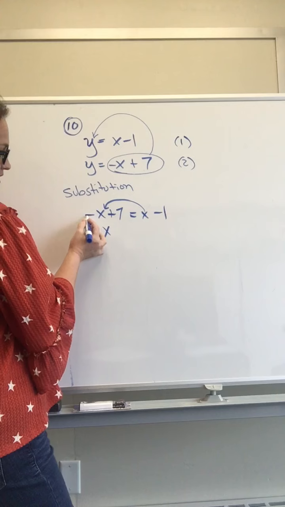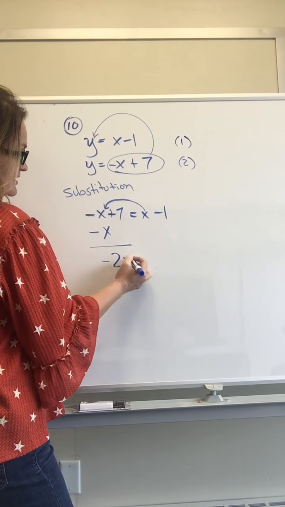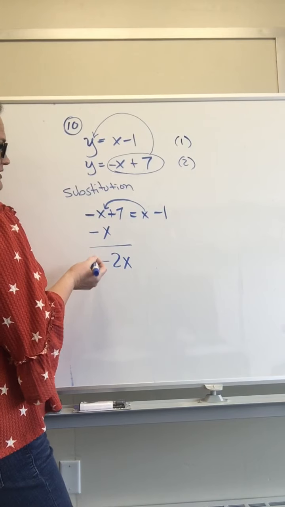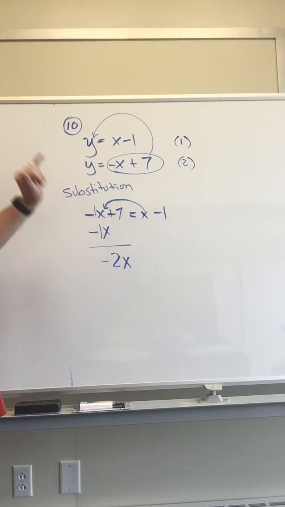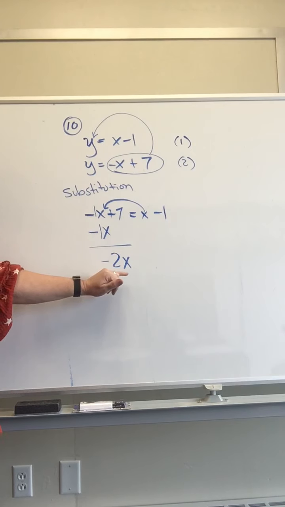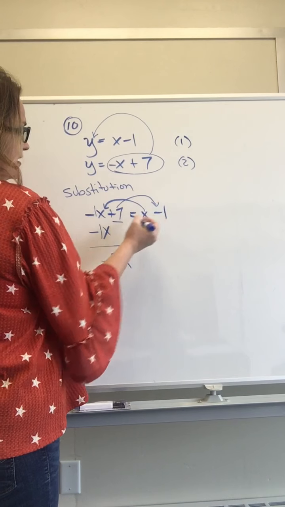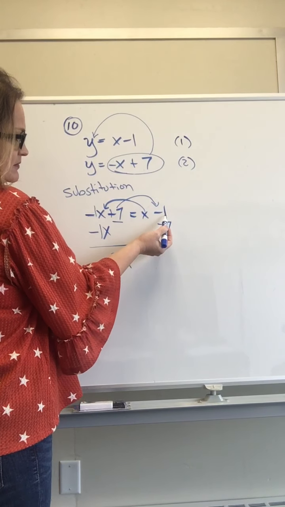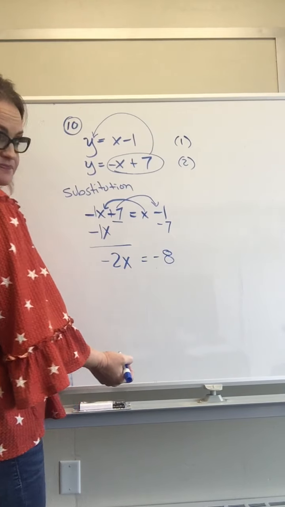I already had a negative x, now another negative x will make negative 2x. Again, when you're combining these, there's an understood 1 in front of that, so that's a negative 1x, a negative 1x, making negative 2x. Then I'll take the constant 7 to the other side, making it a minus 7, minus 1, minus 7, combining that is negative 8.